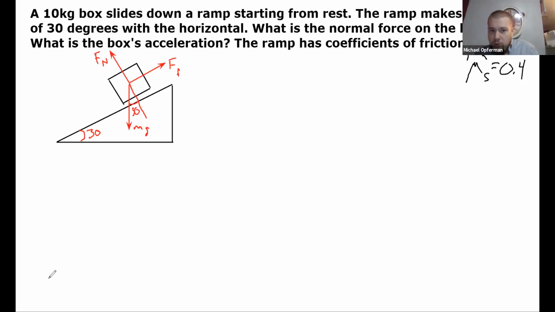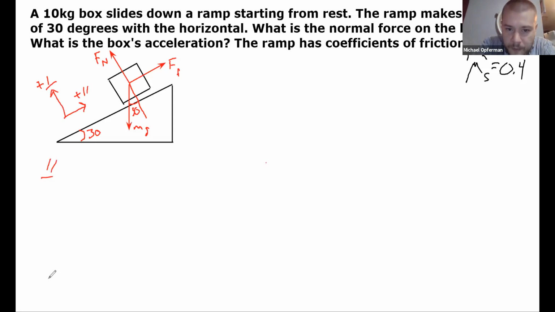So now I've got my diagram. As I previously said, what I'm going to call my coordinate system here is that this direction will be the positive parallel direction, and this direction here is going to be the positive perpendicular direction. So I'm using a rotated coordinate system.